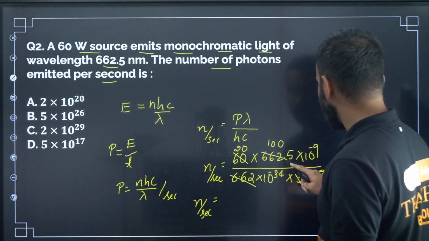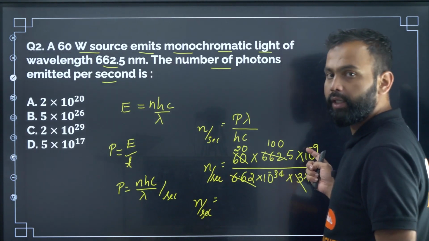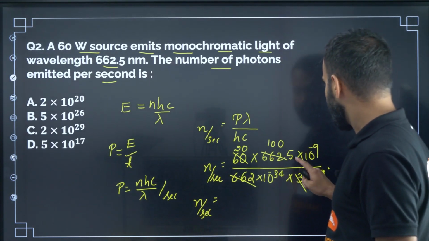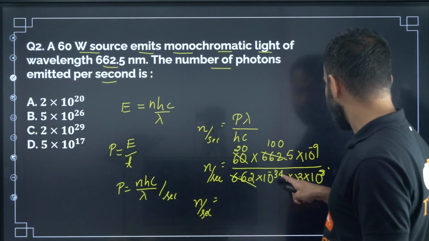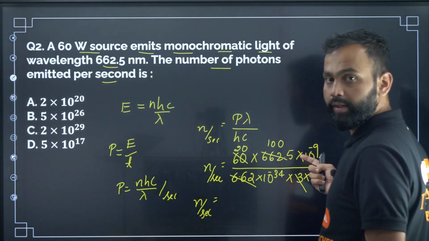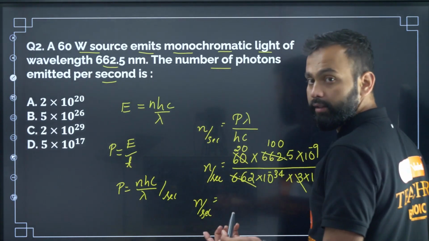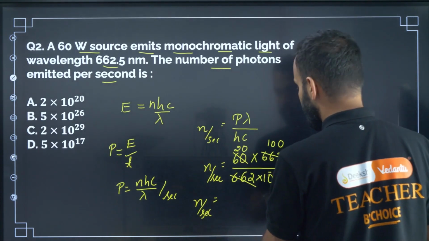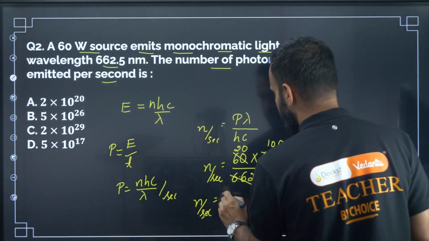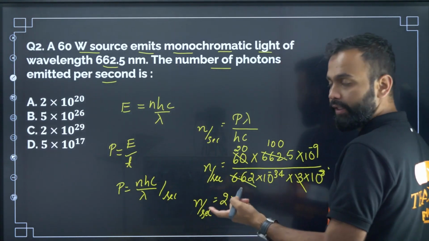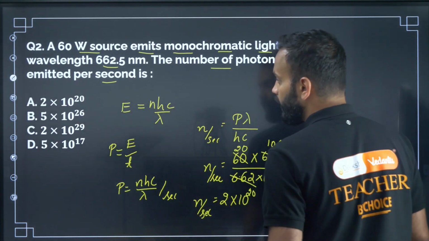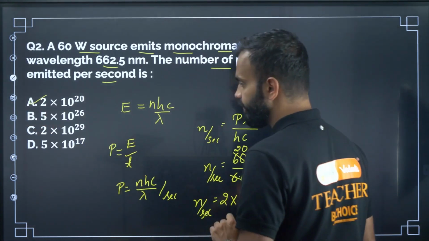Now 10 to the power minus 26 into 10 to the power minus 9 is 10 to the power minus 17. So 20 into 100 is 2000, so it will be 2 into 10 to the power 17 into 10 to the power 3, that is 10 to the power 20. So the correct option is A.